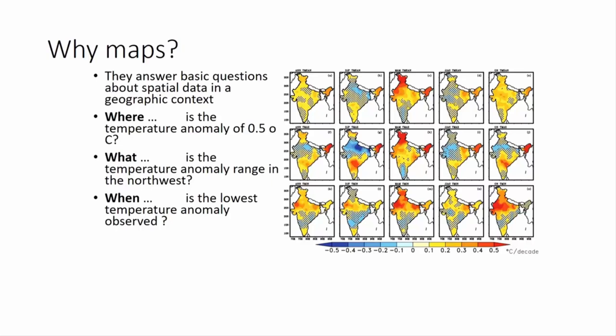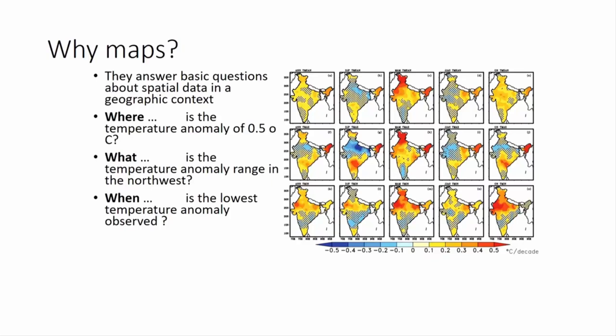So once we have such temporal datasets season-wise, then we can look for answers not only about where and what, but we can also say when the lowest temperature is observed, or whether there is any specific season in which the lowest temperature or lowest temperature anomaly has been observed, and so on.